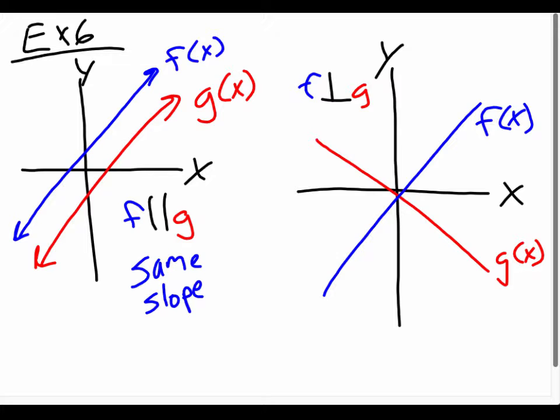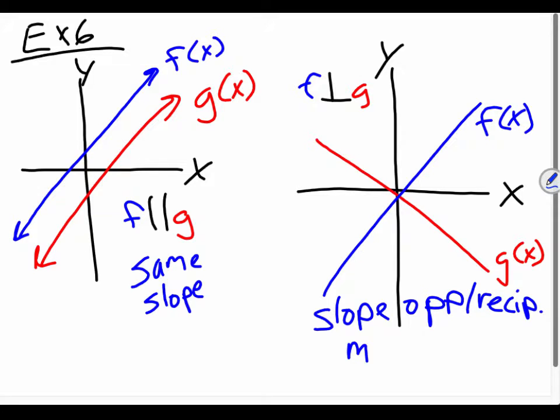The slopes are opposite reciprocals. Yeah, they're opposite reciprocals. So we'll say slope opposite reciprocals, and the slope of the function f times the slope of the function g will always equal -1.